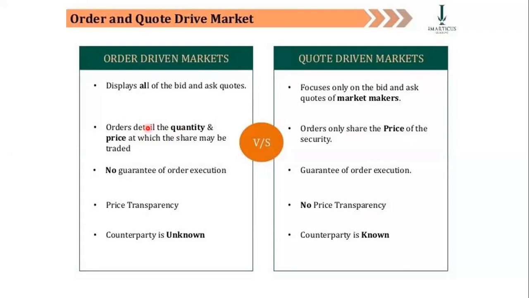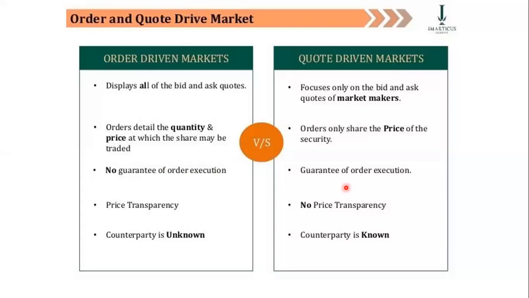In the quote-driven market, you negotiate only on price, but in the order-driven market you can negotiate both quantity and price. In the order-driven market, there is no guarantee of order execution because there is no intervention of intermediaries, so it is less likely to execute the order.